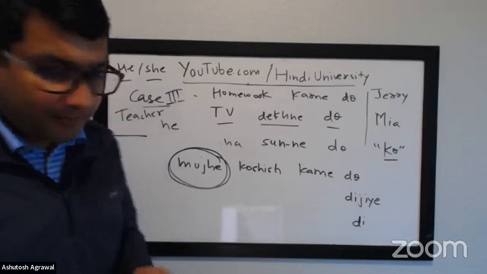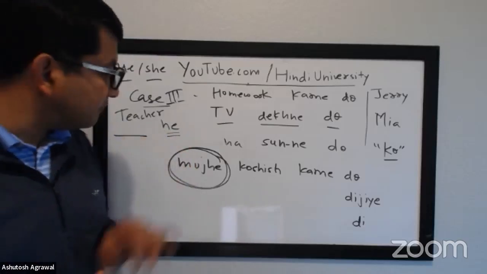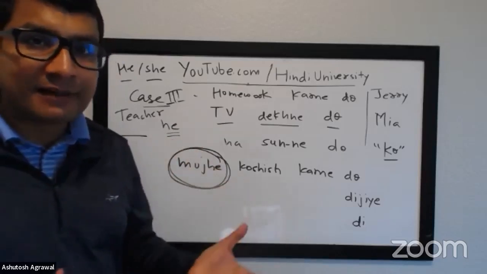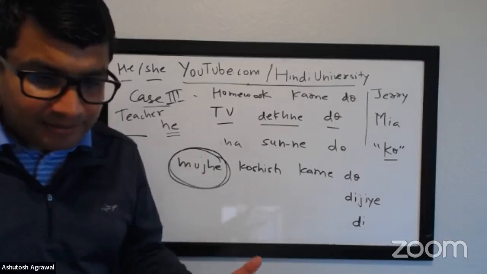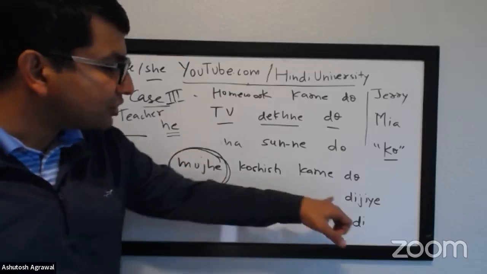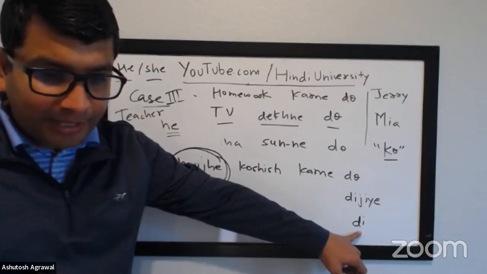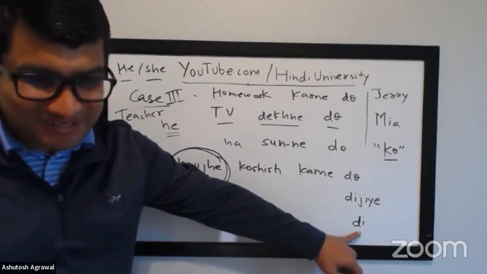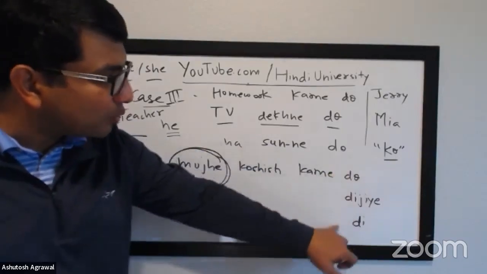Okay, if it is bothering, hang in there. We put ne because dena is a transitive verb. Okay, it's happening in the past. That's why teacher ने Sharon को कोशिश करने दी. I know this is way more complex than you originally proposed, but the point of this example is that you can play around with this.